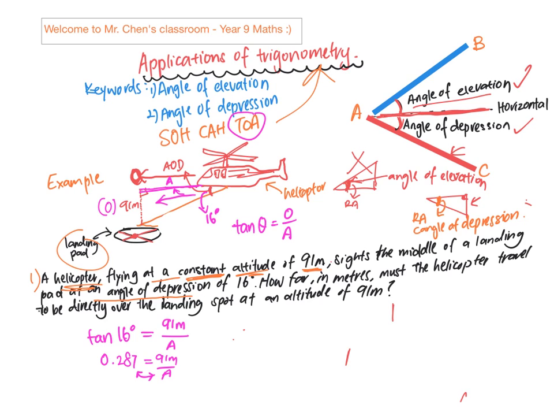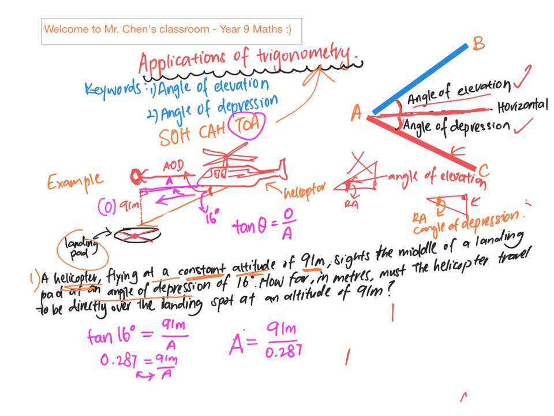If you don't know how to do that, please come and see me. I will teach you how it works. All you need to do is swap these two around, and then you will end up with A, which is your adjacent, equal to 91 meters over 0.287.